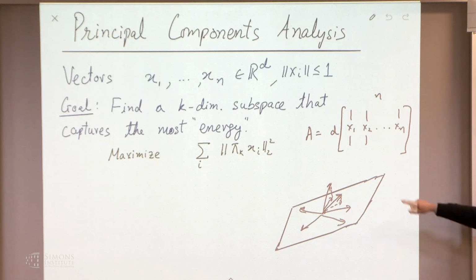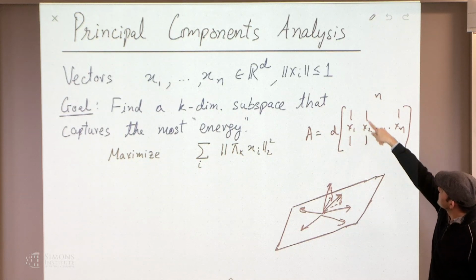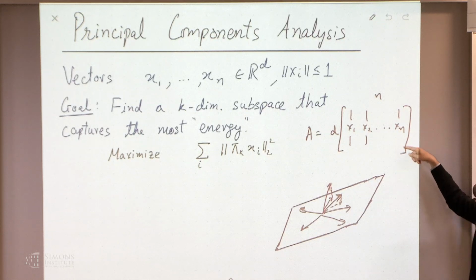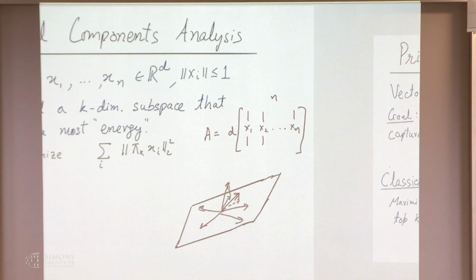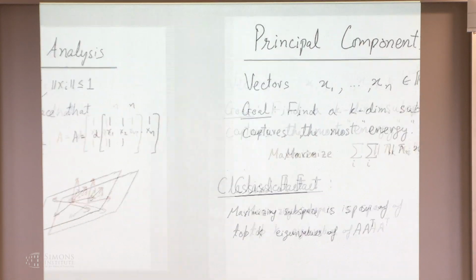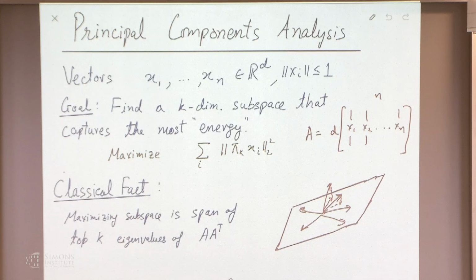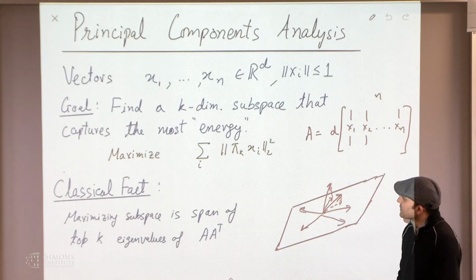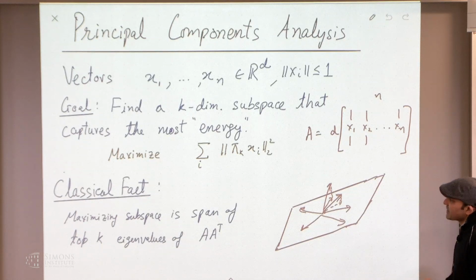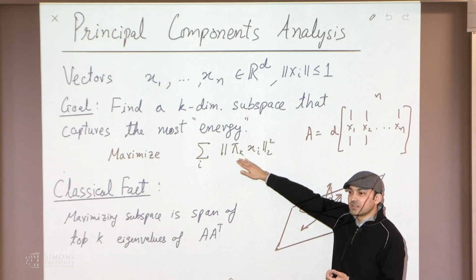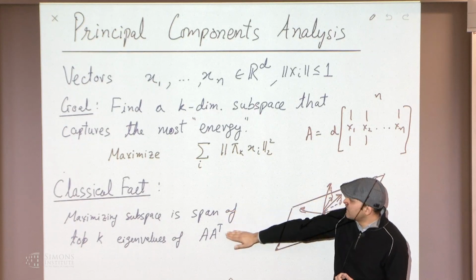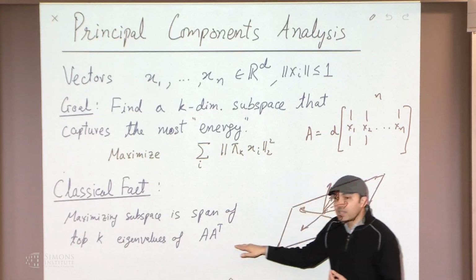If I write A as a matrix where each of these xi's is a column, then a classical fact in linear algebra says that this maximizer is defined by taking the top k eigenvectors of AA transpose.